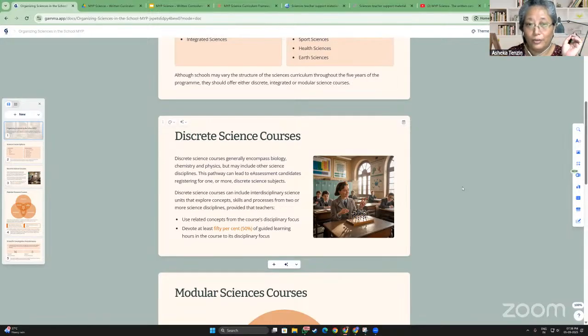So for discrete sciences, if you are going to teach physics, chemistry, and biology, number one, you have to give 70 hours each for each of the discrete sciences. Most schools ask students to choose any two sciences. So you could do physics and chemistry separately, or chemistry and biology separately.